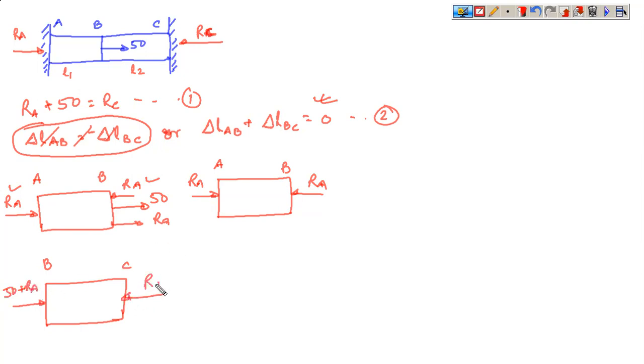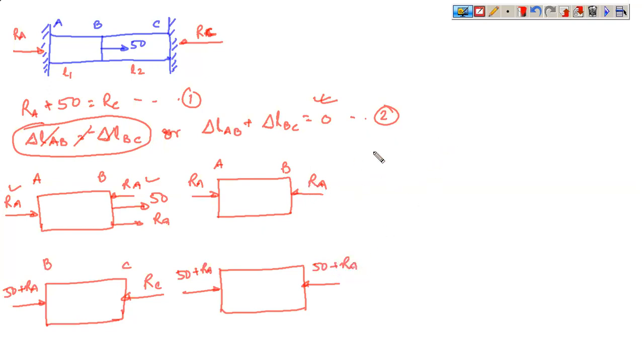This is RC. So if you see 50 plus Ra is actually equal to RC, so it is one and the same. So this can be finally written as 50 plus Ra on one side and 50 plus Ra on the other side.